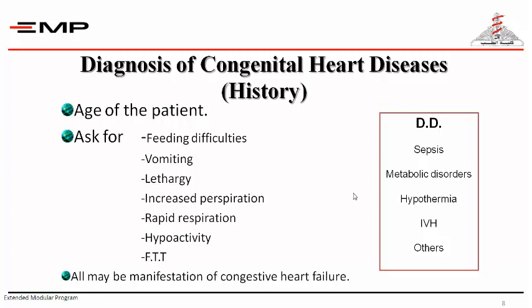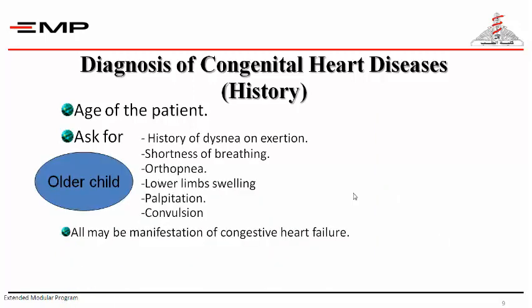However, with the examination, we can differentiate more. Also, for the older child, ask for history of dyspnea, tachypnea, shortness of breath, or orthopnea, or swelling, or palpitations, or convulsions. All of these also are symptoms of congenital heart disease.